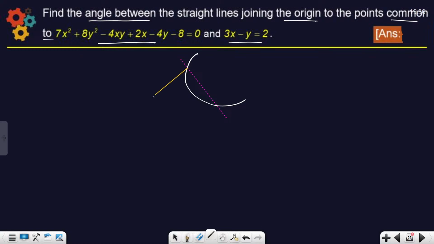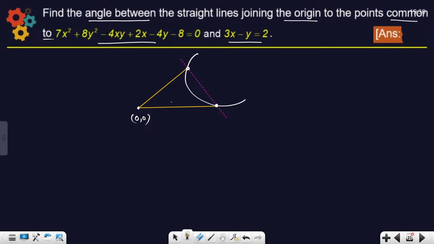That is, if you find a pair of lines passing through their point of intersection, this point and this point, and this is the origin. It is passing through the origin.